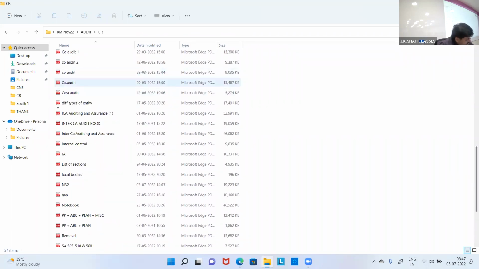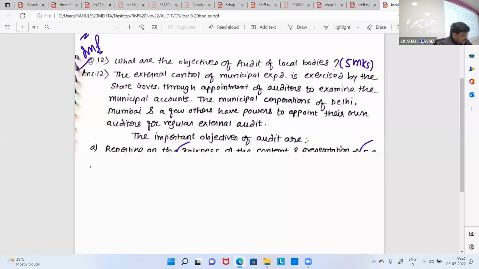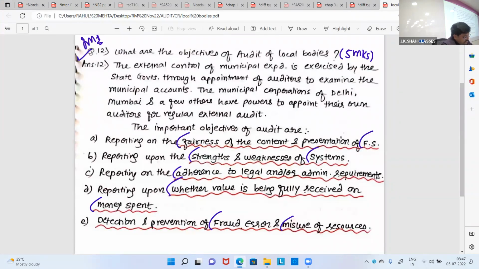Local bodies. See, this is the answer. Fairness of the financial statements, strengths and weaknesses of the systems, adherence to laws, that is legal and or administrative requirements, whether value is fully received for the money spent, and detection and prevention of fraud and misuse of resources. All good?